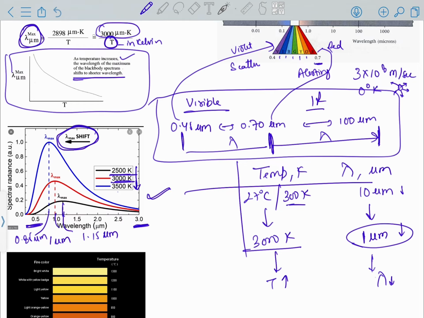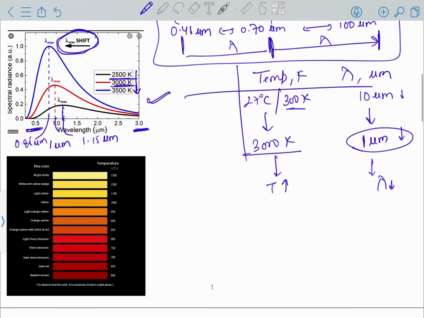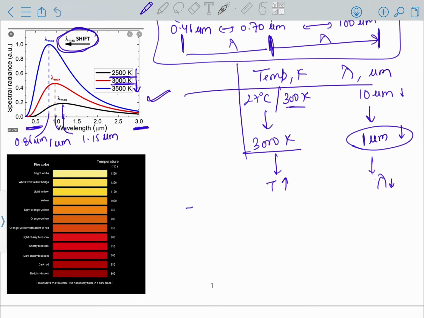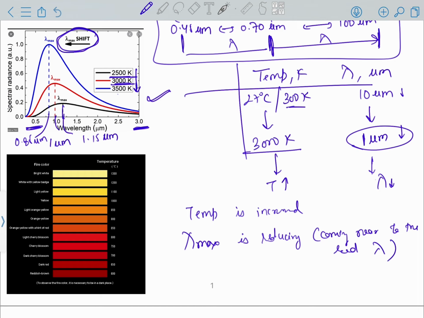So to conclude this explanation, as the temperature is increased, the lambda max value, the maximum wavelength, is reducing and coming near to the red wavelength.